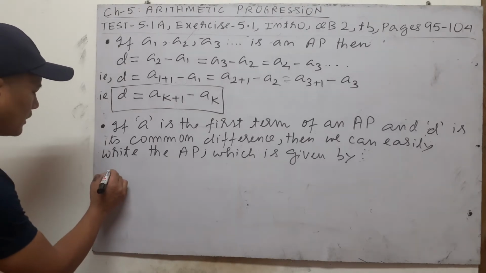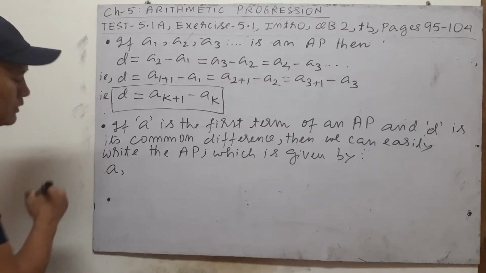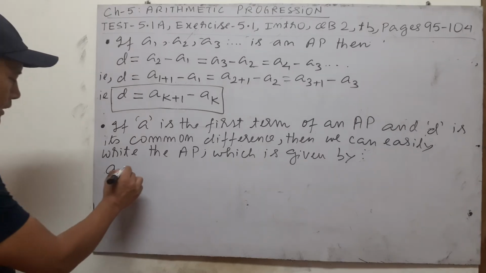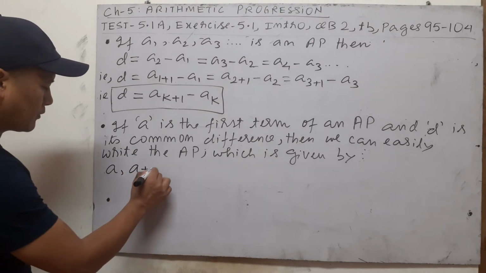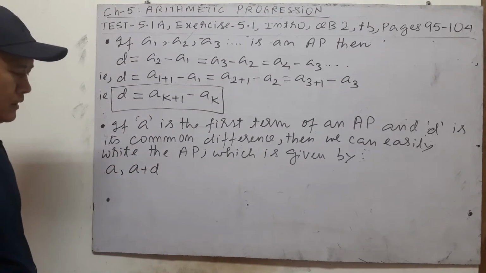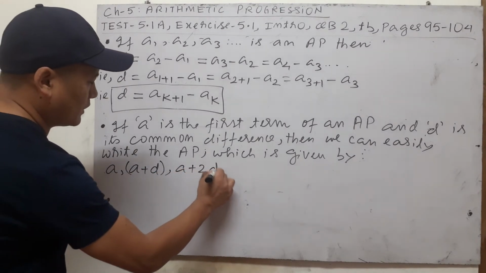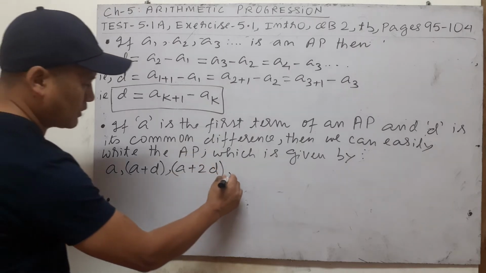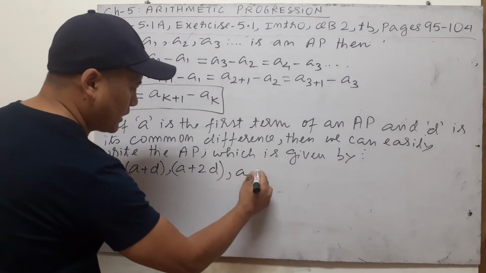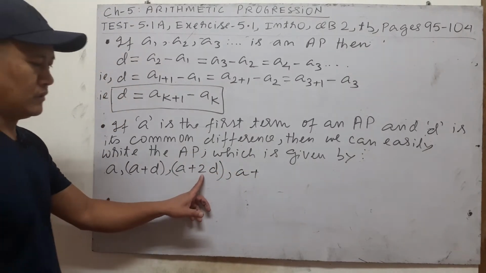So you write here the first term without any hesitation, then the second term will be A plus D. Then the third term will be A plus 2D. And increase once more, so here 3D.